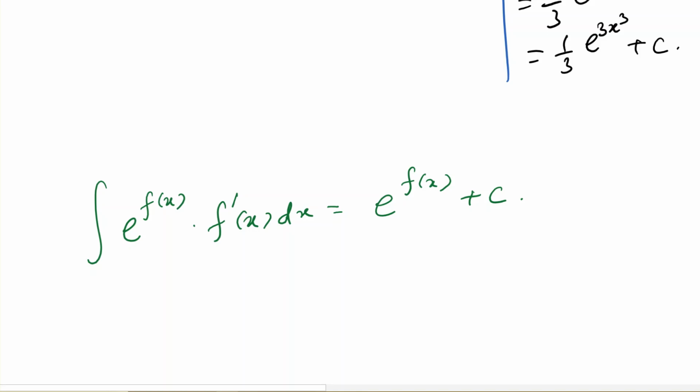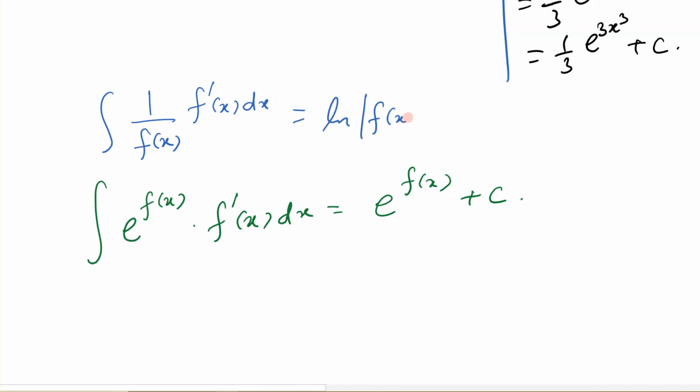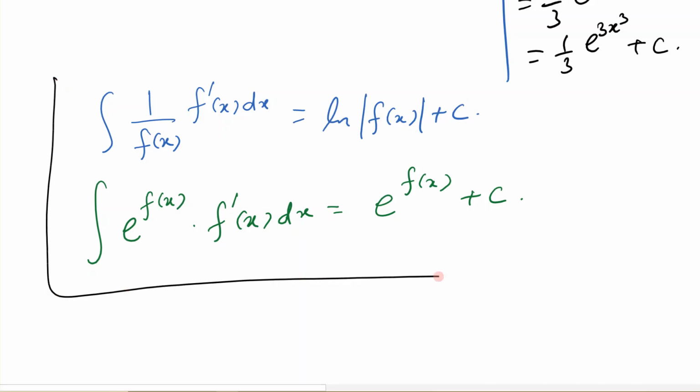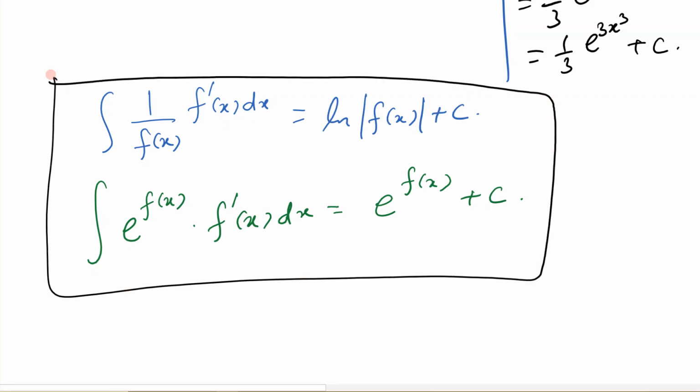And what we learned before this, in the previous video, was that if you have something of the form 1 over f(x) and then the derivative of that function, that is our logarithmic form, ln of f(x) plus c. So these were our two results, two forms that we have learned so far. This is our logarithmic form and this is our exponential form.